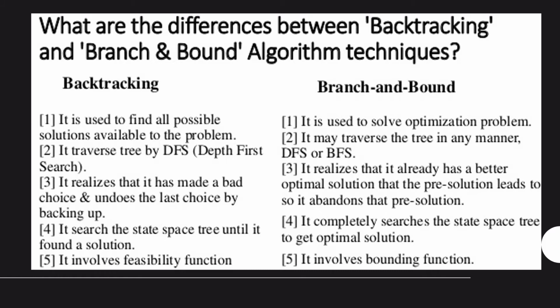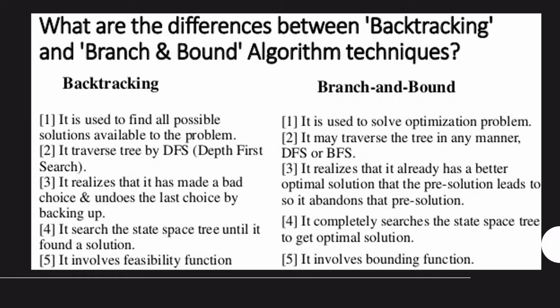The third difference is that backtracking realizes that it has made a bad choice and undoes the last choice by backing up. As the name suggests, the algorithmic technique is backtracking.